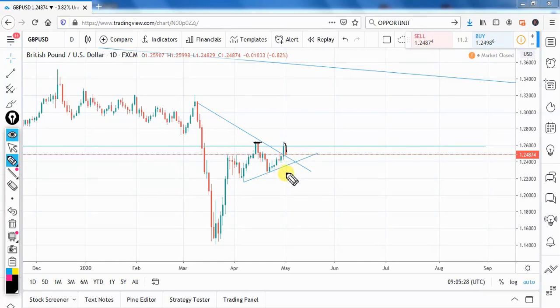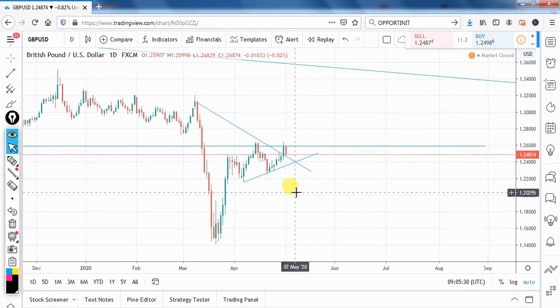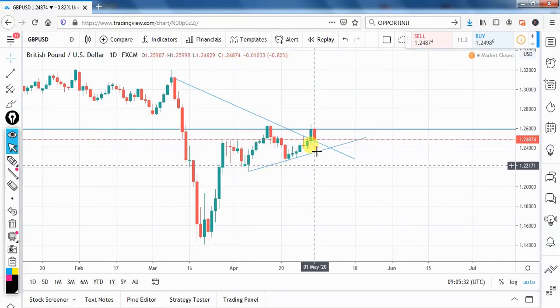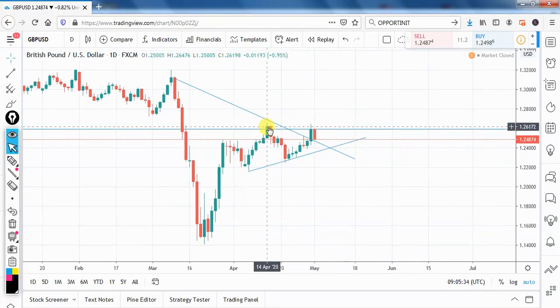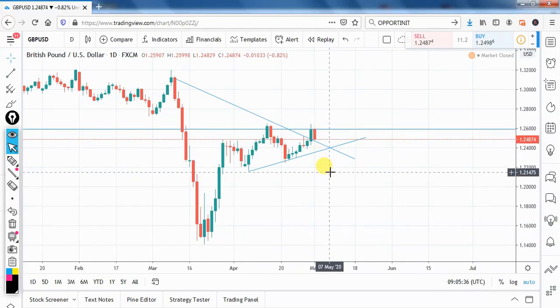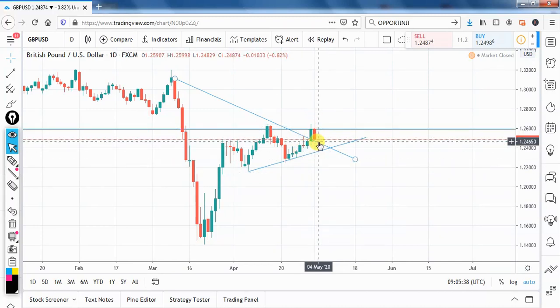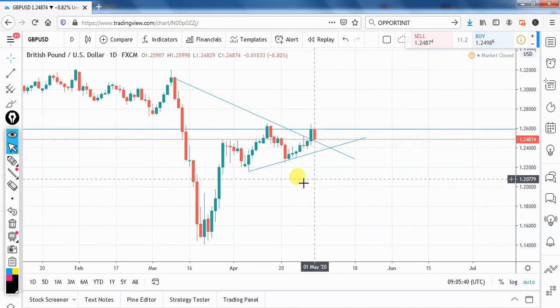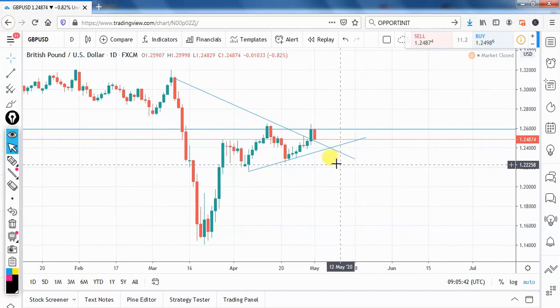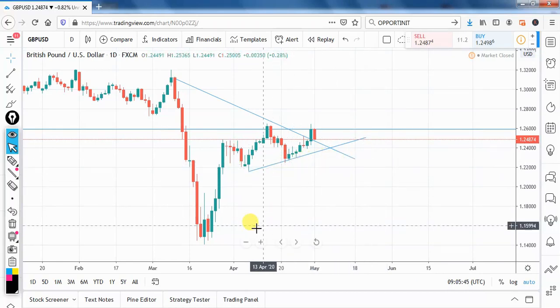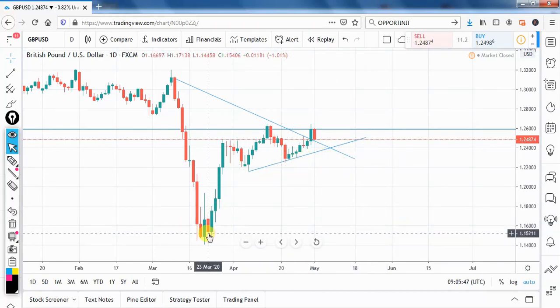So far, we are not really sure if the price wants to break this high and continue higher, or if price is just going to come down and maybe test either these lows, or maybe continue to break and potentially go down to these lows.